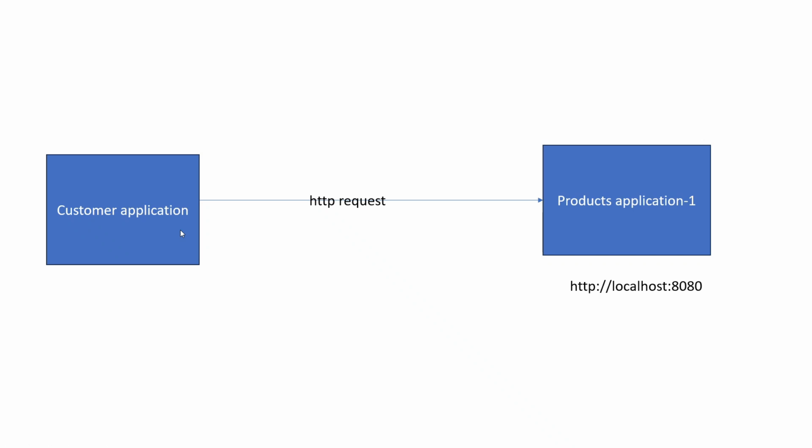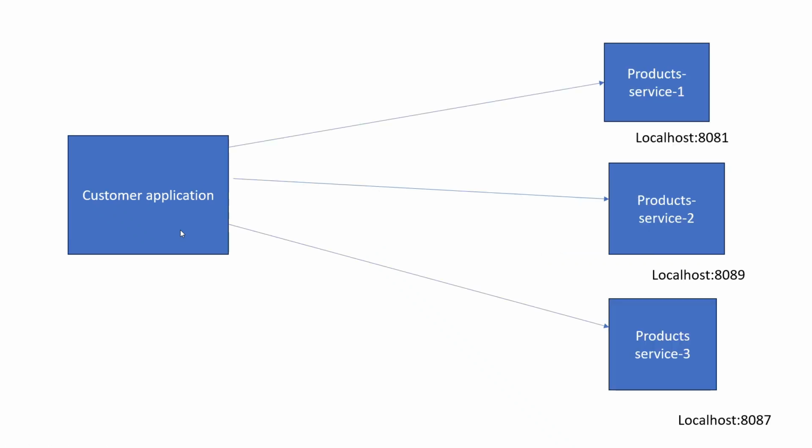We need to create multiple instances of product service, so that each product service has a different address with a corresponding different port number.